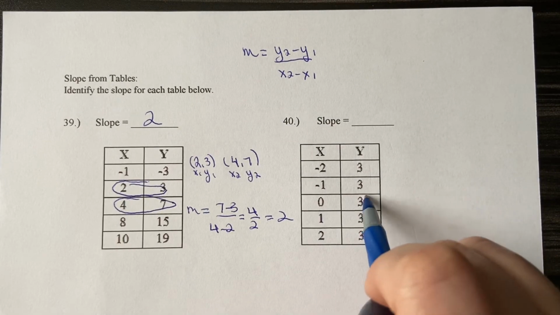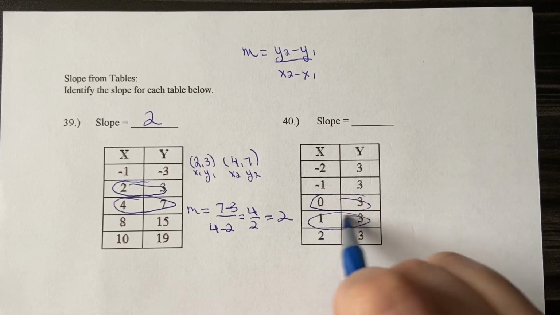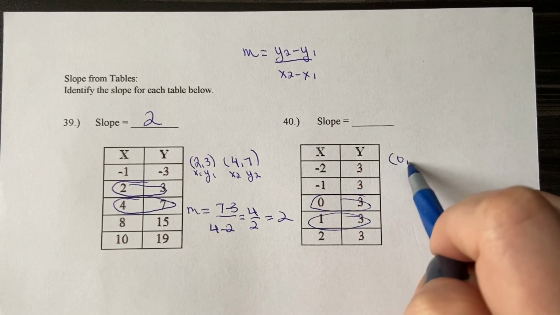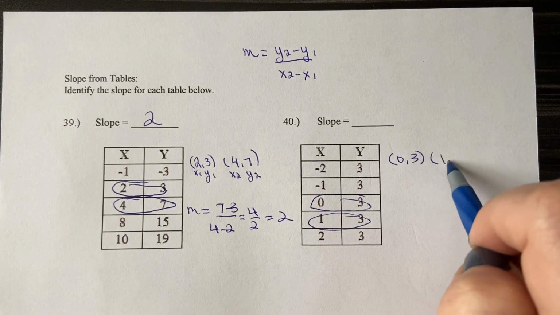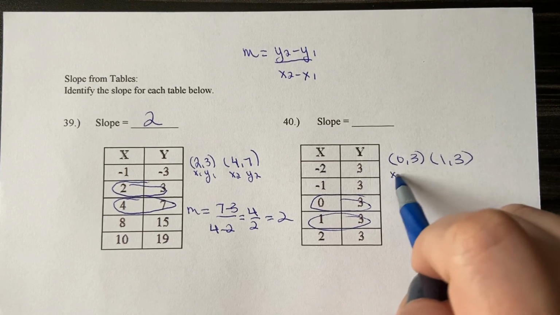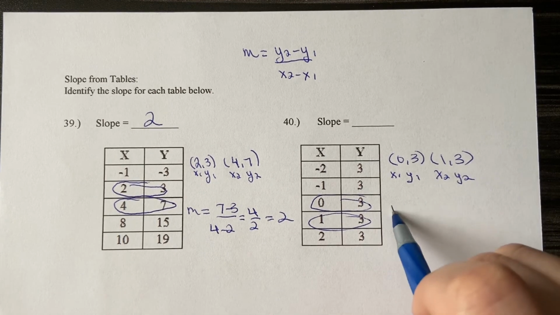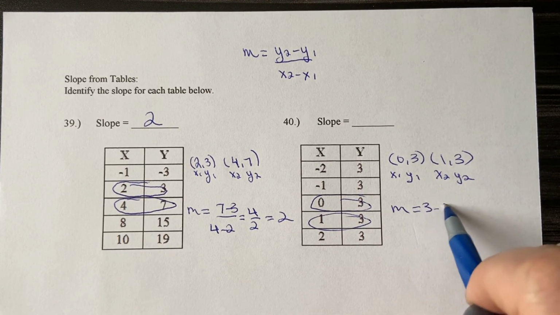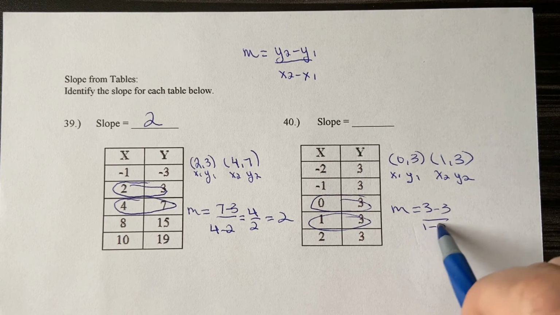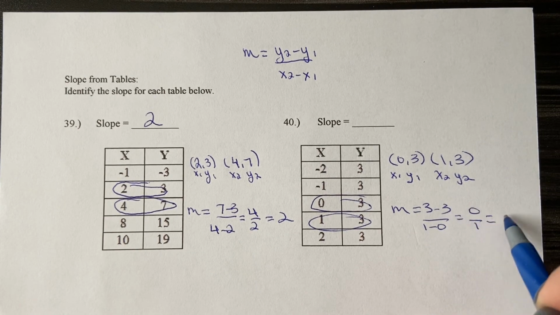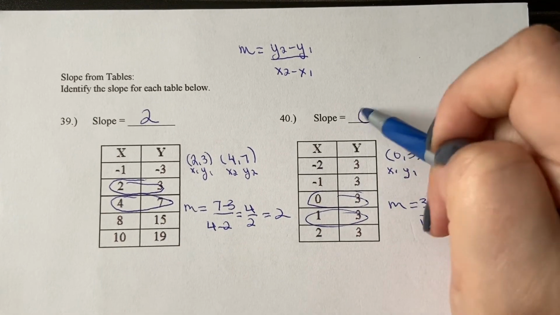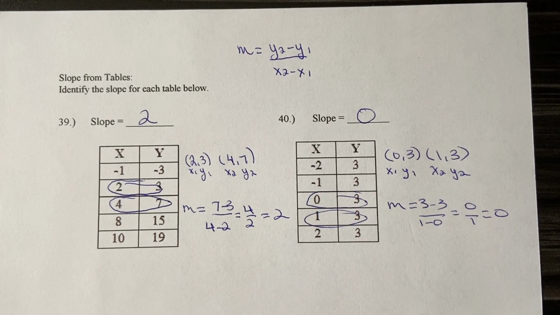So then for this one, I would probably pick the 0, 3 and the 1, 3. I'm going to call them x1, y1, x2, y2. And I would have 3 minus 3 all over 1 minus 0, or 0 over 1, which is just 0. Cool.